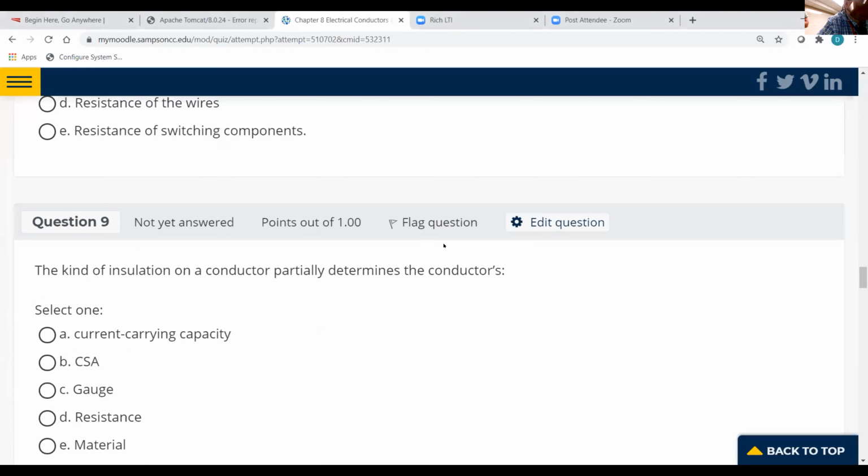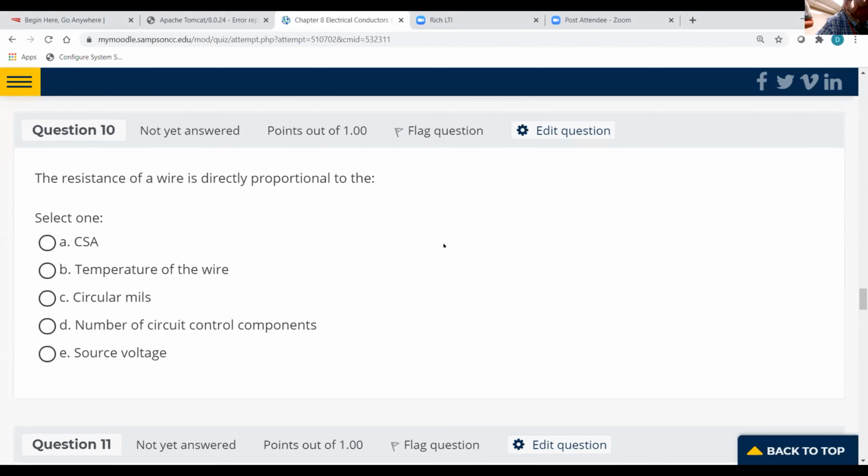Number ten. Now, the resistance of a wire is directly proportional to, then we know it's proportional to the length, but that's not included in here. So if you go in your book, go to the last page that talks about temperature, page 70.